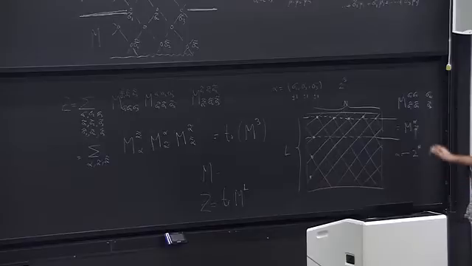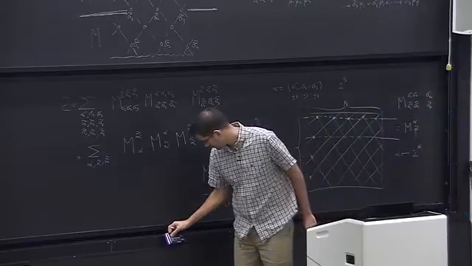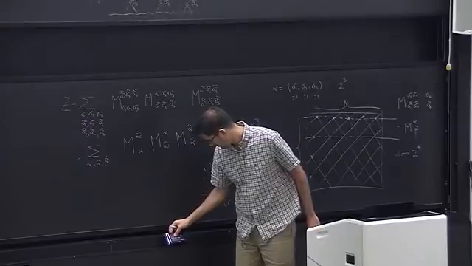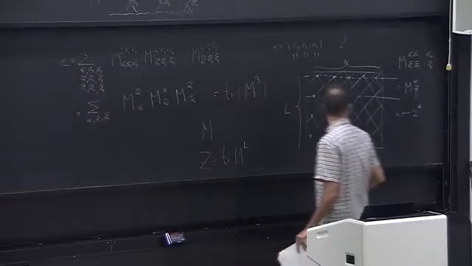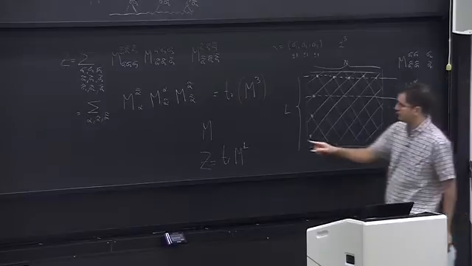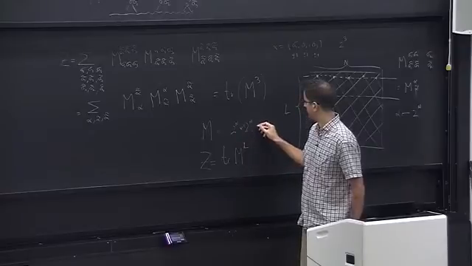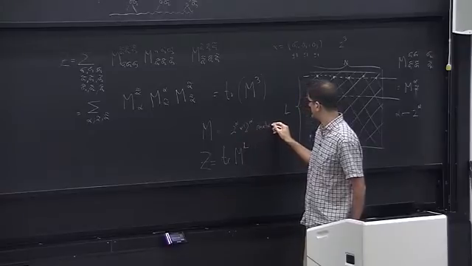Well, okay, that's not the best place in the blackboard to be writing. But what I'm saying is that matrix M is going to be a 2 to the n times 2 to the n matrix. Okay?